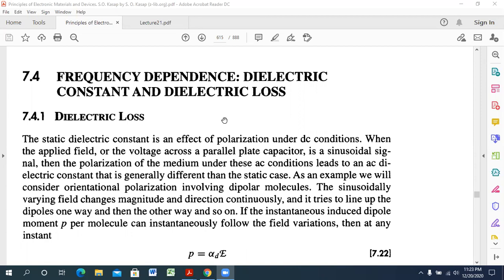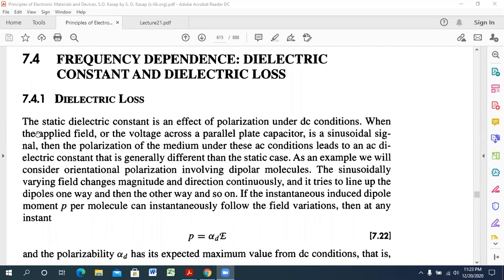So first of all, we start from article 7.4.1, the dielectric losses. The static dielectric constant is an effective polarization under DC conditions, and we have already learned about the DC dielectric constants. DC means it does not depend on frequency, right?